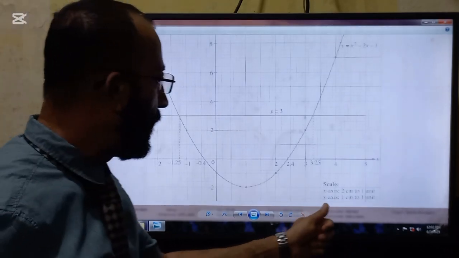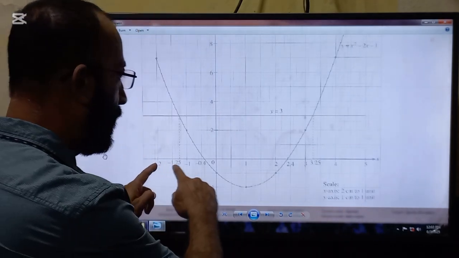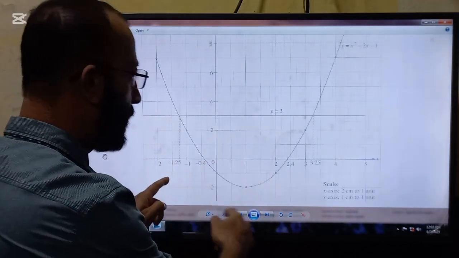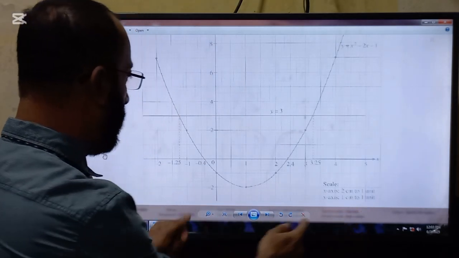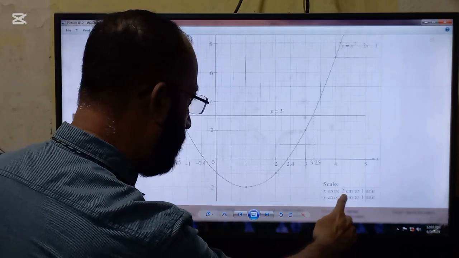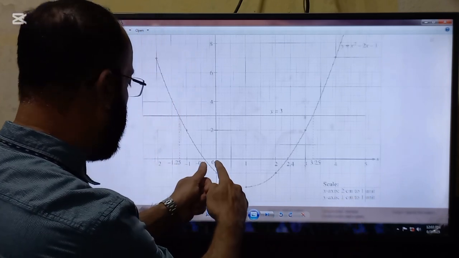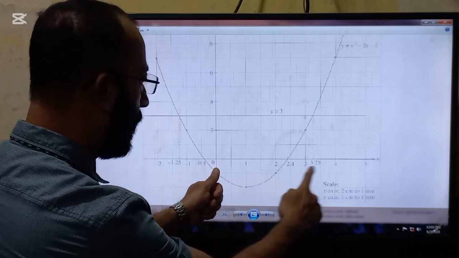After completing the table and following the scale which is given in the question, first we will make x-axis and y-axis according to the scale. 1 centimeter to represent 1 unit. So here is 2 centimeter to represent 1 unit on the x-axis. So 2 big boxes will represent 1 unit and so on.